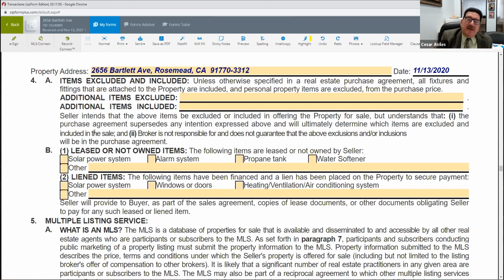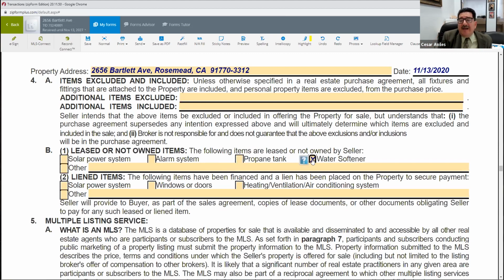Number B, very careful, guys. I don't want to have lawsuits about alarm systems, solar panels, tanks. If you are in Bakersfield, a lot of people don't have gas lines like we do over here. They have a tank outside the house. And usually that does not belong to the seller, maybe it belongs to the gas company that services that neighborhood, right?